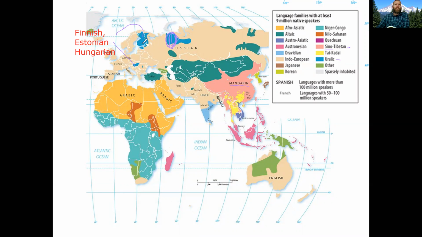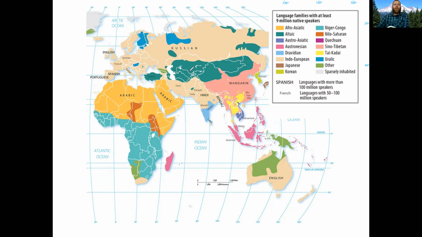And of course, there are a lot of reasons for these different migrations of different people over thousands of years that account for these different language families being isolated and almost trapped in the midst of another language family. Okay, so that's Uralic. And those are, again, smack dab in the middle of Europe, but not European languages.